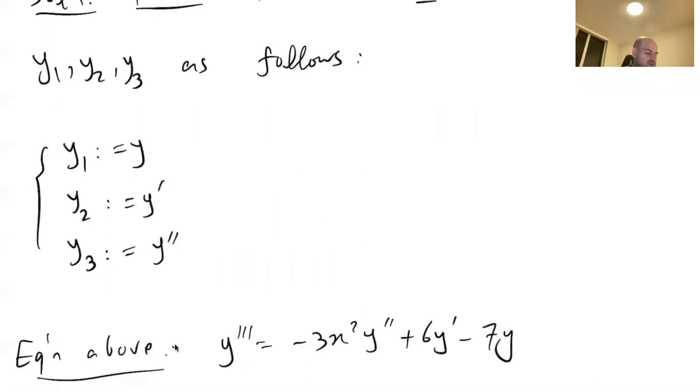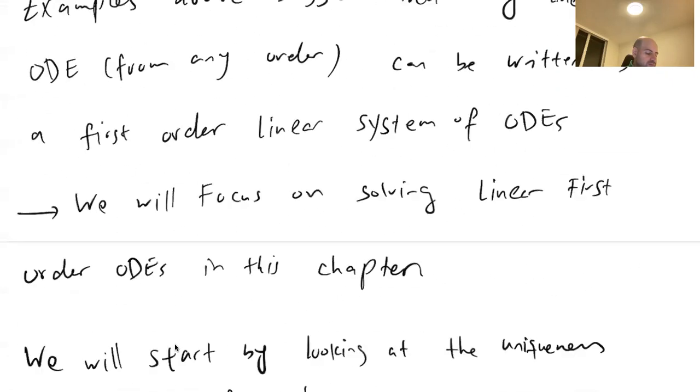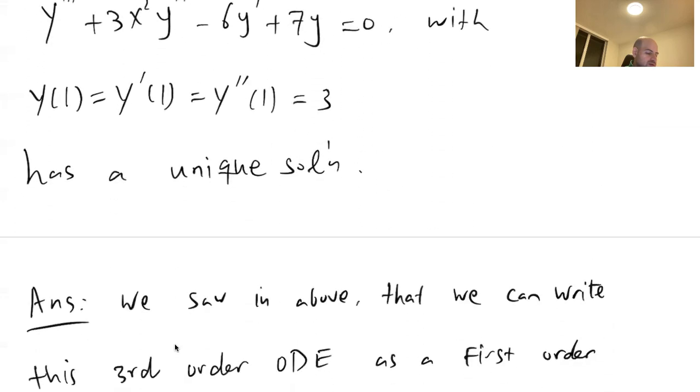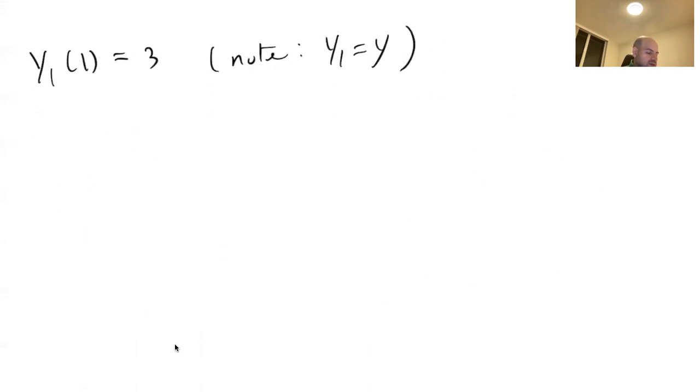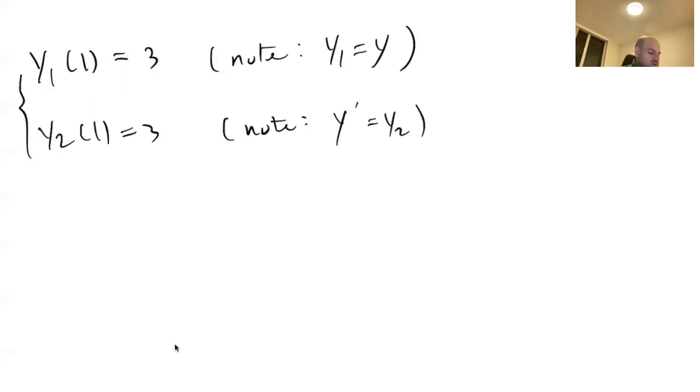Y double prime is same as y3. So y prime of 1 equals 3 can be written as y2 of 1 equals 3. Again, note that y prime is same as y2. And similarly, y3 of 1 equals 3. Again, note that y double prime is same as y3.